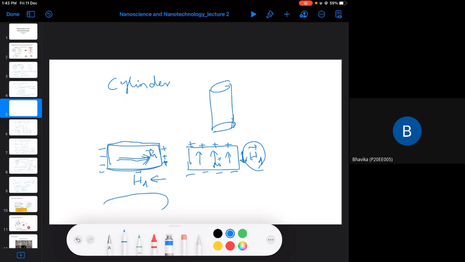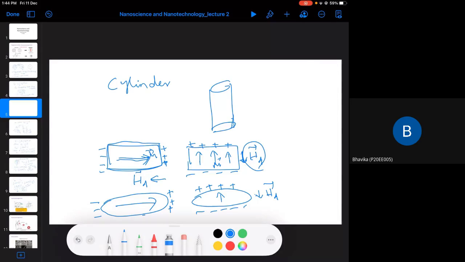Even if I take an ellipsoidal shape, I will have surface magnetic poles here, and in this case I will have them here. In this case the Hd field will be much higher because the poles are closer, and therefore the value of Hd will be less in the other case, and that gives rise to anisotropy.